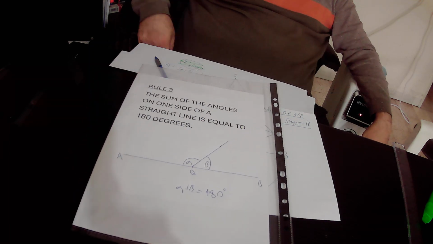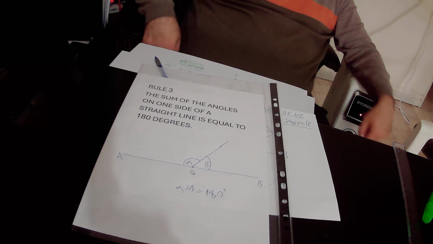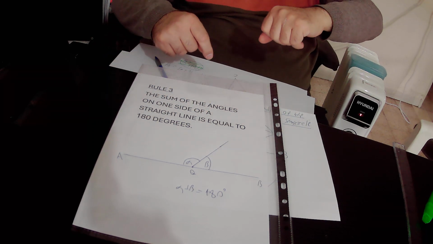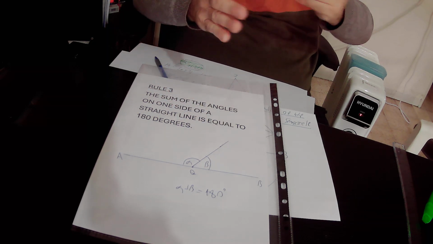Repeating rule number 3: the sum of the angles on one side of a straight line is equal to 180 degrees.